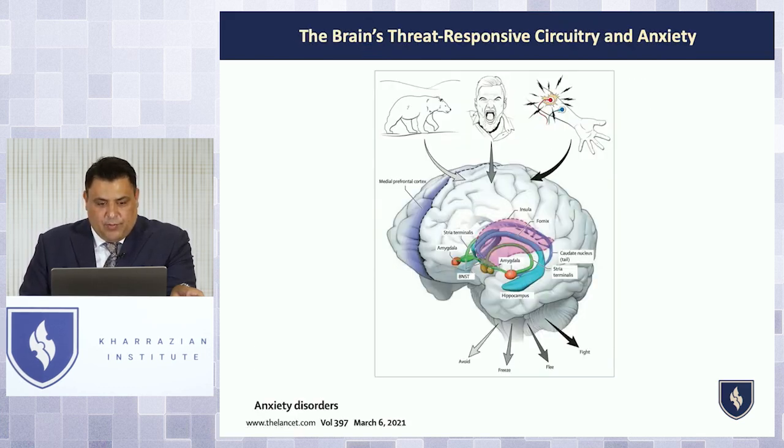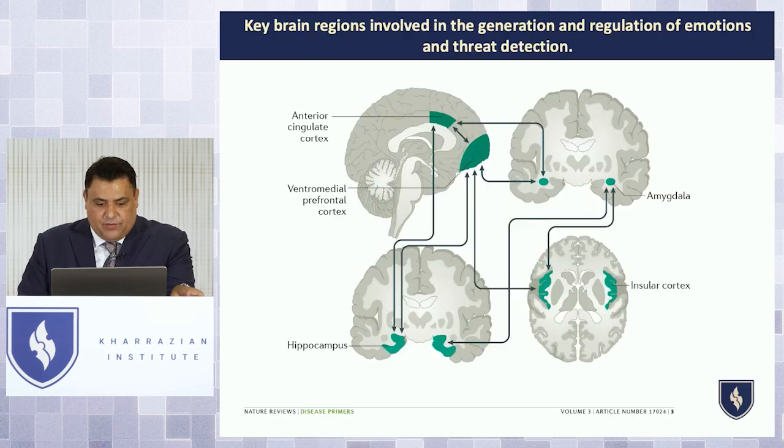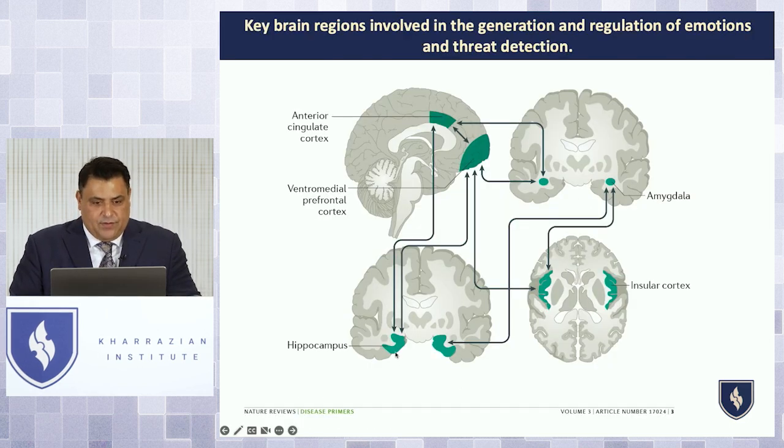So it's really our brain circuitry for anxiety, and I showed you these images before where you see during states of threat and detection, the amygdala lights up, the prefrontal cortex lights up because you have to have executive function, and the cingulate fires up. That's for your emotional response, to get your heart rate up and your autonomics working. The amygdala fires into the cingulate, into the hypothalamic pathways, so you have your stress response.